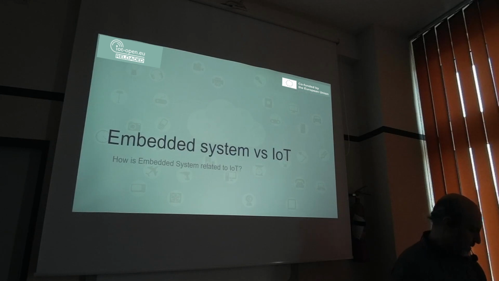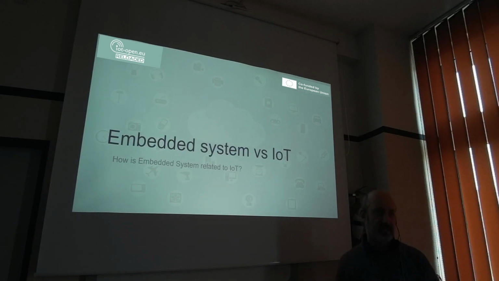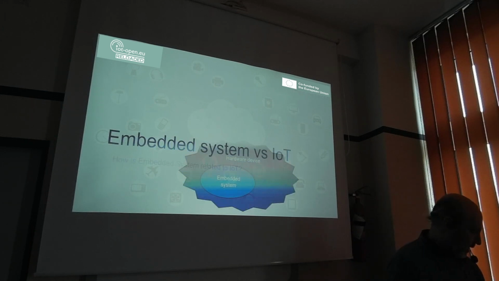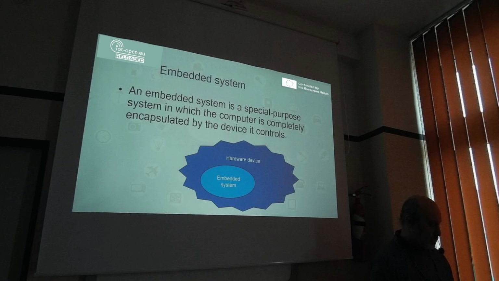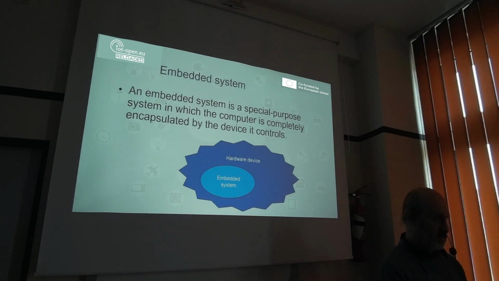And a few words about what is the difference between embedded systems and IoT. An embedded system is a special purpose system in which the computer is completely encapsulated by the device it controls.